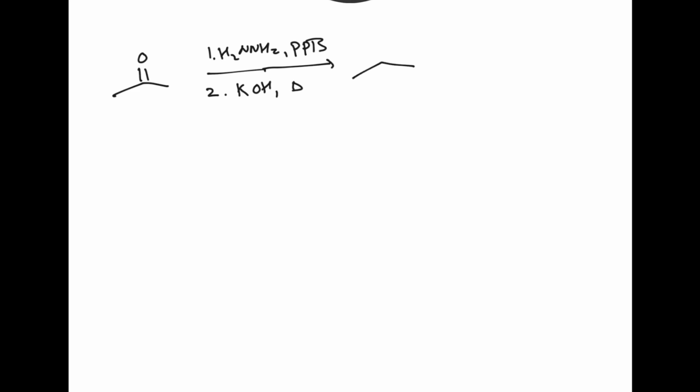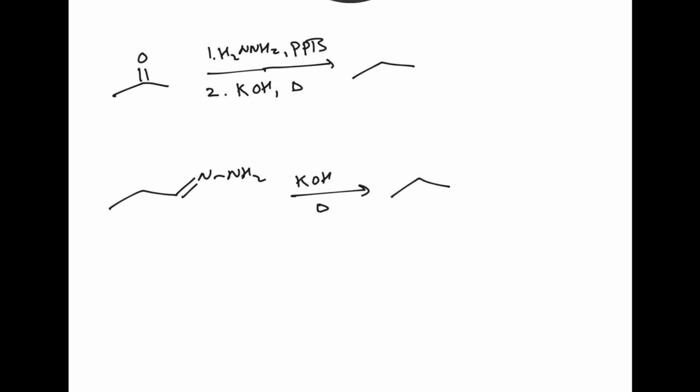You just roll it into one arrow because you're just trying to get from that ketone to the alkane. You can also just start, right? It doesn't have to be starting from the ketone. You can just start from the hydrazone as your starting material, and then do the same thing, KOH and heat, and get to the same place. So you don't have to start with the ketone and make the hydrazone. You can just start with the hydrazone as well.